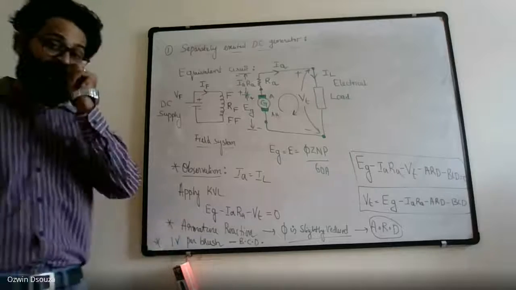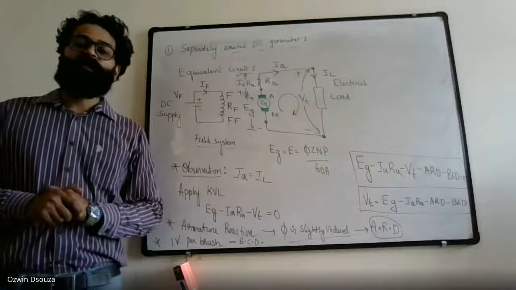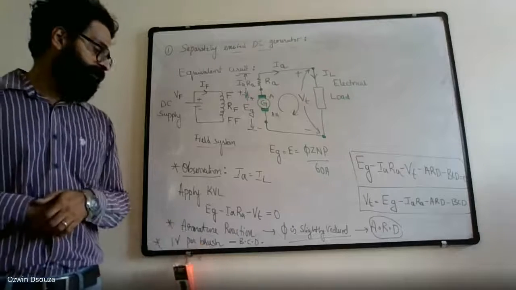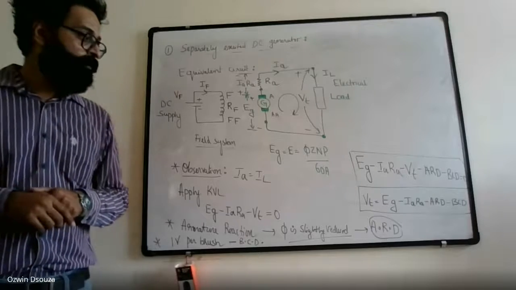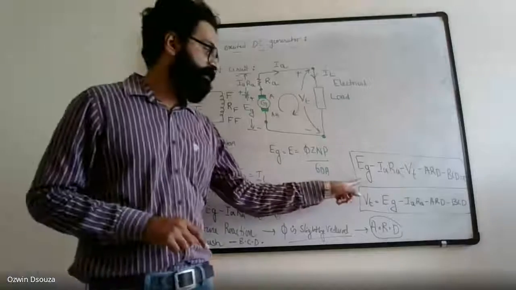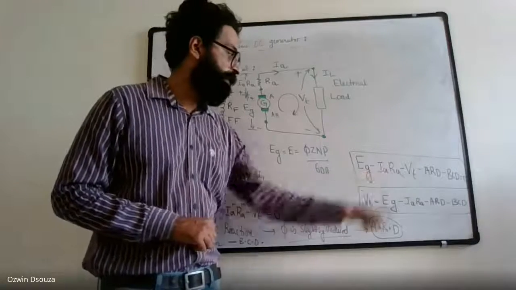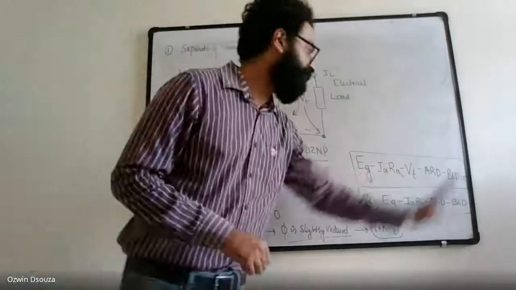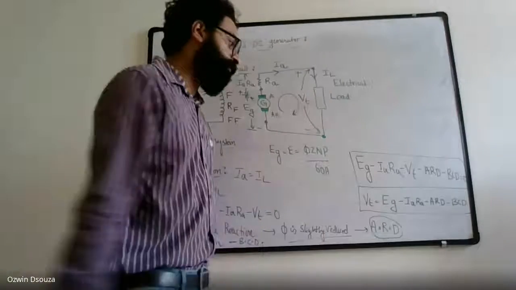Then you can simply say that a practical DC generator will have armature reaction drop, and it will also have brush contact drop. Considering these two drops, we can write the final expression for EMF induced as EG minus IARA minus VT, and include these two drops, that is minus ARD and minus BCD. So this is what you are supposed to write.